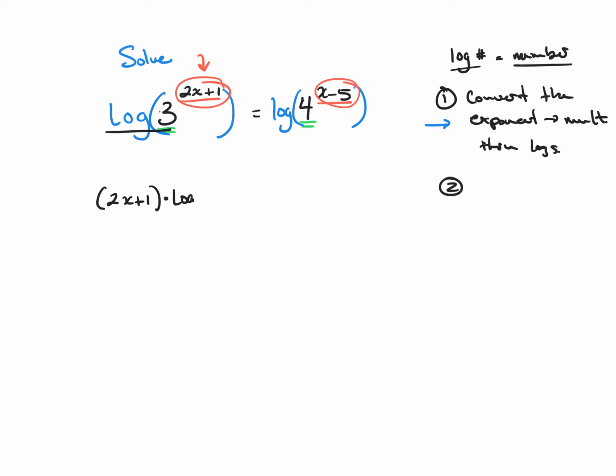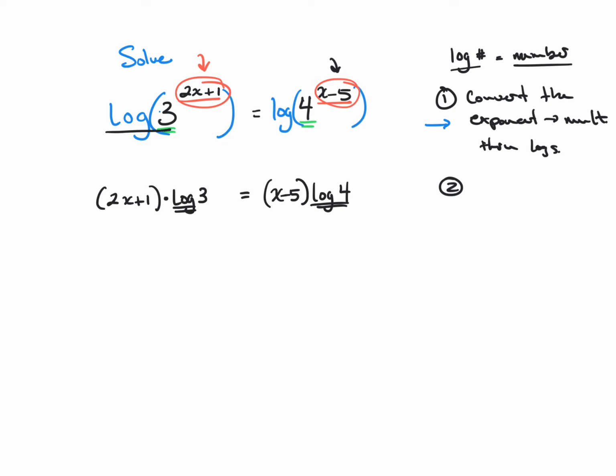And that equals, on the other side, the quantity x minus 5 times the log of 4. Now what you have is log 3 and log 4. We've done step one, the most important part of what we really need to know.